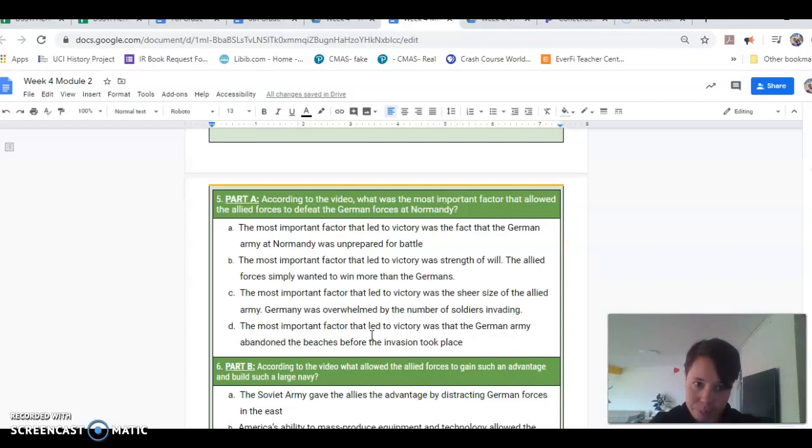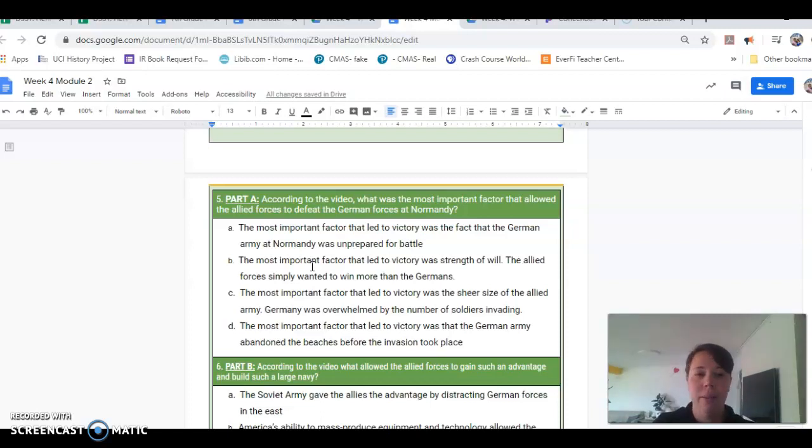Choice A. The most important factor that led to the victory was the fact that the German army at Normandy was unprepared for a battle. B. The most important factor that led to the victory was strength of will. The Allied forces simply wanted to win more than the Germans.